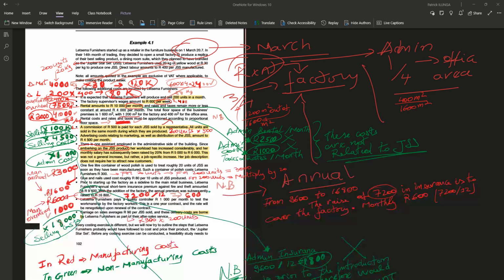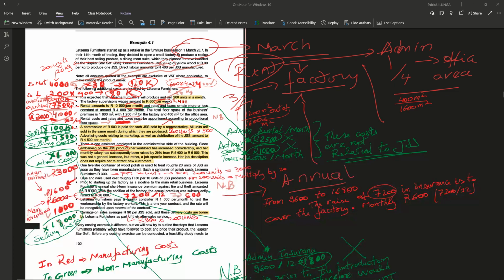We have 200 that needs to be produced, right? 200 divided by 10, 20. So we need 20 boxes of glue and nails, whatever it is. 20 multiplied by 80 would give us 1,600, right? So off the top of my head, I can do these calculations, and I want you to be able to do them.